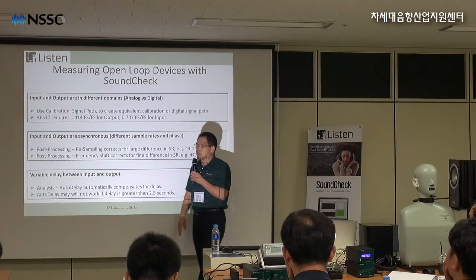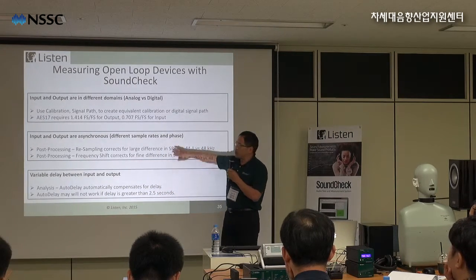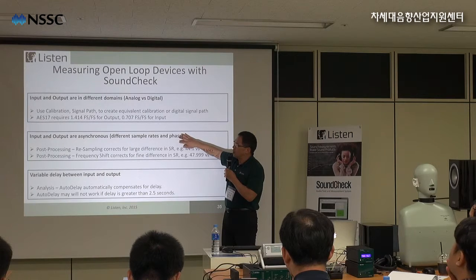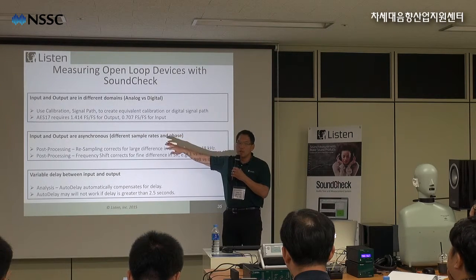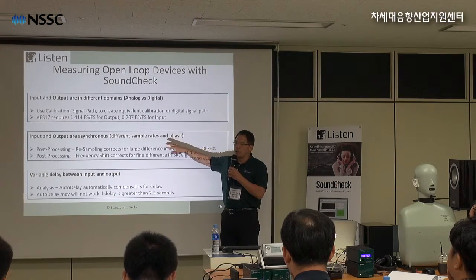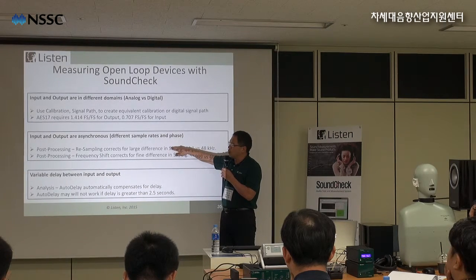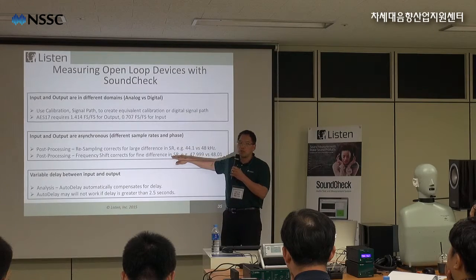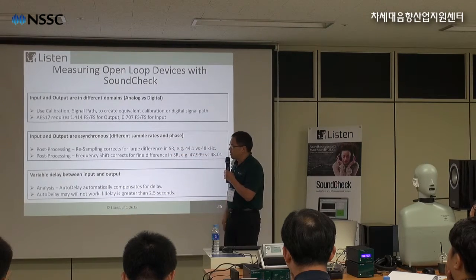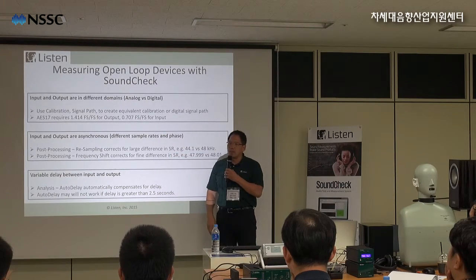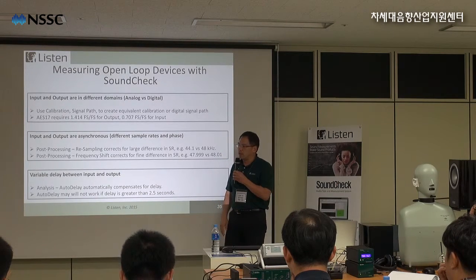And that can be done in SoundCheck. So two steps, when the output and input are asynchronous, meaning they don't have the same sampling rate and they don't have the same crystal clock: resample and frequency shift. And they're very easily set up in SoundCheck. It's not a difficult thing to do.